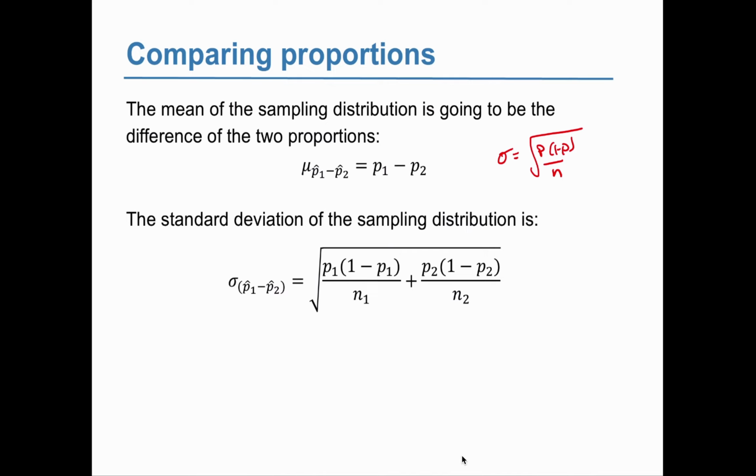Again, we add the variances, and then we square root it. Because if I take this square root away, this is the variance. So, variance of the two, add them together, and then square root it. And that gets you your standard deviation, just like we've been doing this whole time.